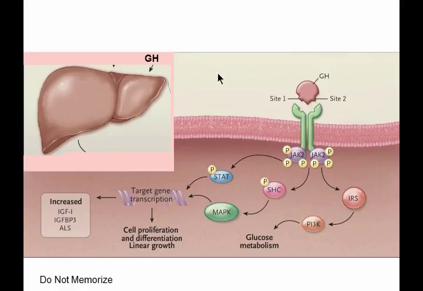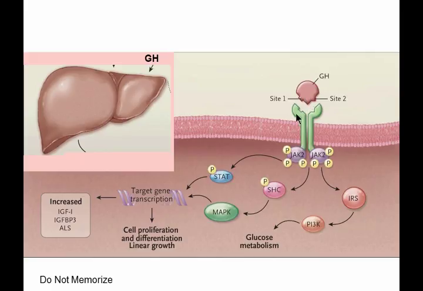Now, how does growth hormone work? Notice I put down here, do not memorize. I hope you know something about these kinds of pathways, because they're very involved in many aspects of biochemistry of the body, but for this course you don't need to know other than the fact that the growth hormone receptor is more or less a cytokine receptor.